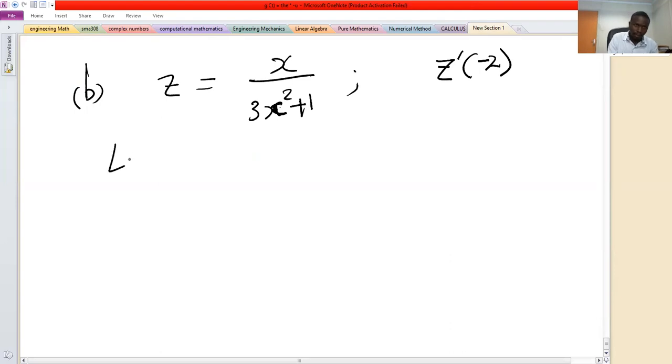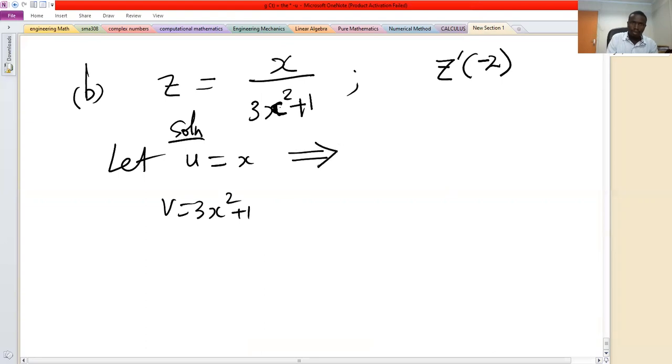So let u be x and v be 3x squared plus 1. By definition, the derivative of u is 1 and the derivative of v is 6x.